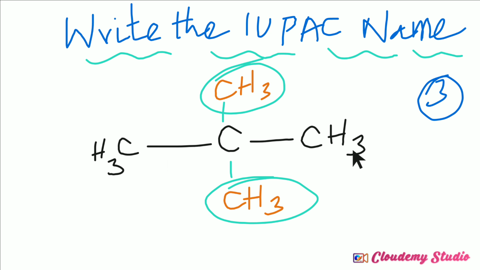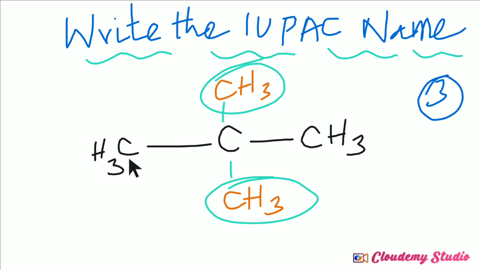While numbering, what's the rule we need to follow? The carbon atom containing the substituents has to get the least number. So this carbon atom has to get the least number. Accordingly, we go from left to right, or right to left. Now let's check from left hand side to right hand side.